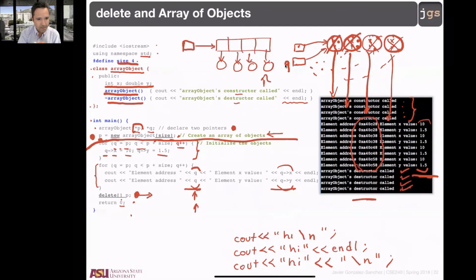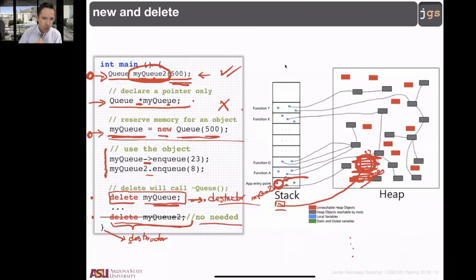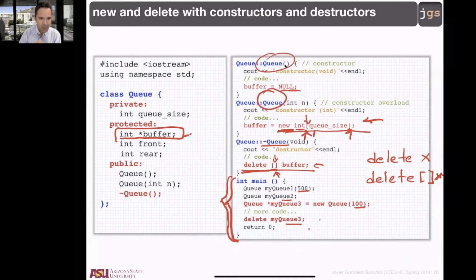Good. Hopefully it's clear. My recommendation, guys, please, homework: this program and the previous versions, copy, paste the code, run this on your computers, and be sure that you understand on which line exactly a constructor or a destructor is being called, and how this is working.